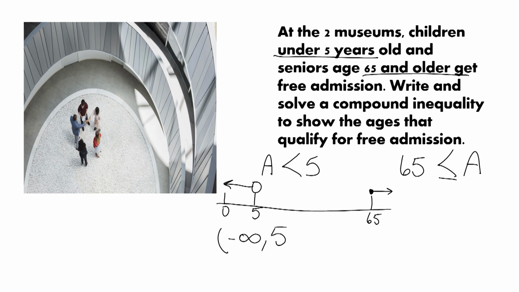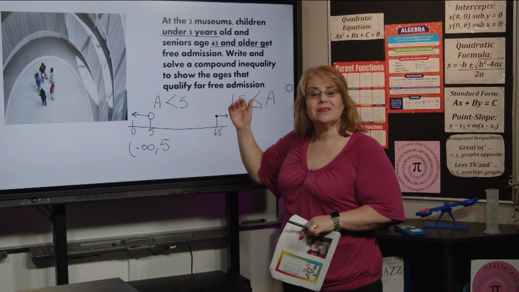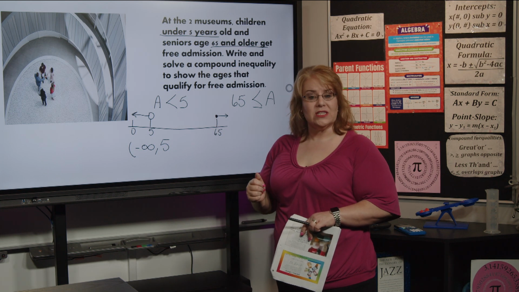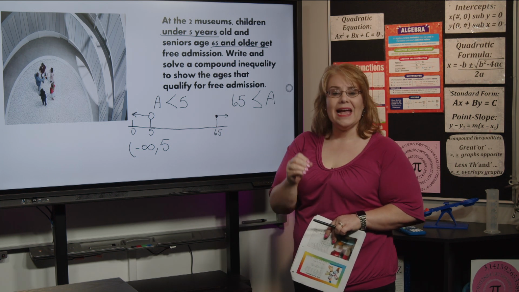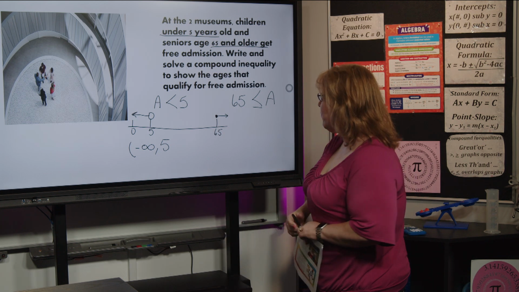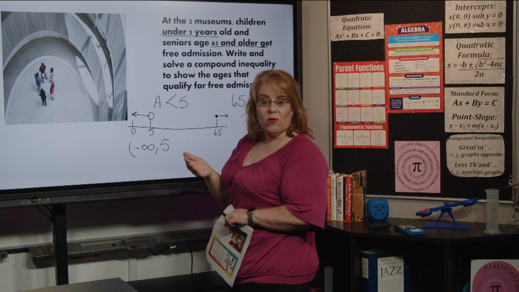Now let's look at 65. It says, and seniors age 65 and older. So at 65, it's going to be a closed because 65-year-olds can be a part of that free admissions. That's a good catch. That's really making sure that we're annotating correctly. Good job. So then at this 5, instead of having a bracket, I'm going to have a what?